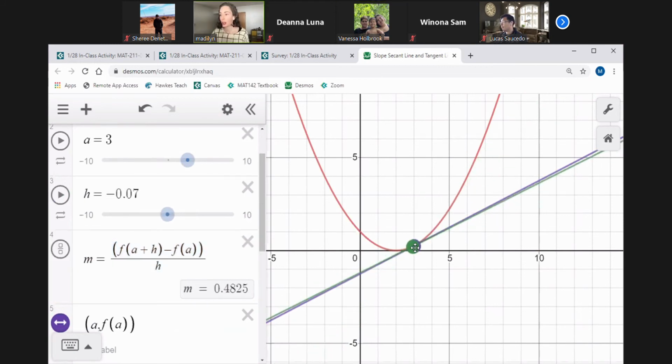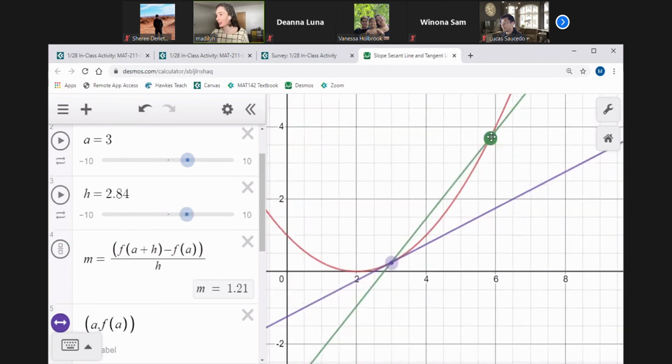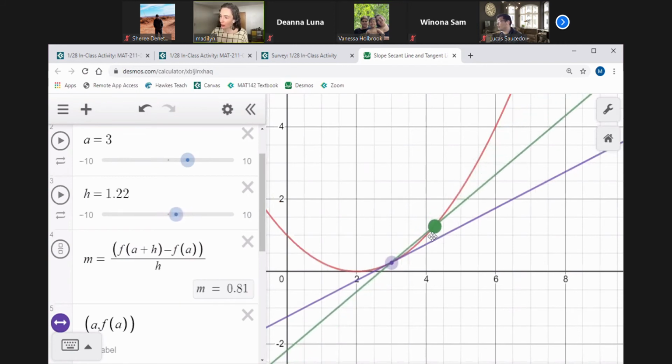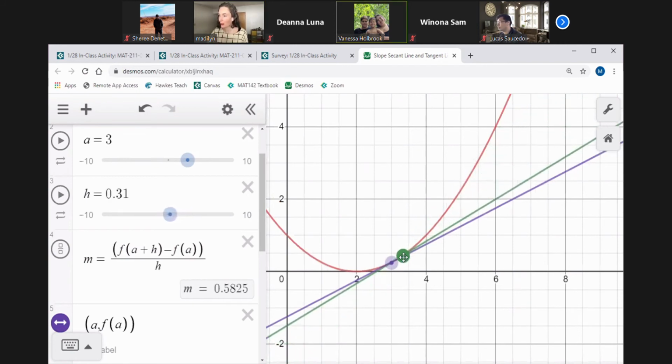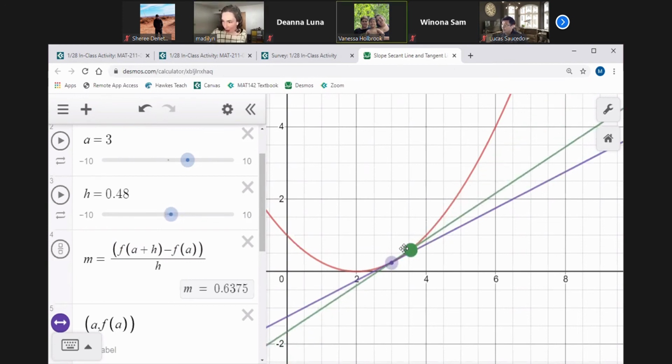The problem is we can't just plug 0 in because then we get undefined. So we get to use our previous knowledge of calculus to think, when we get this point closer and closer to the other point, the slopes are getting closer and closer together. The limit, exactly. So instead of plugging in h, we can find the limit as h gets closer to 0, and that can tell us what our tangent slope is going to be.